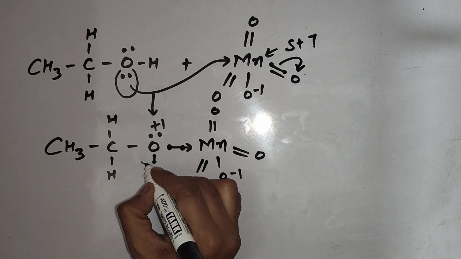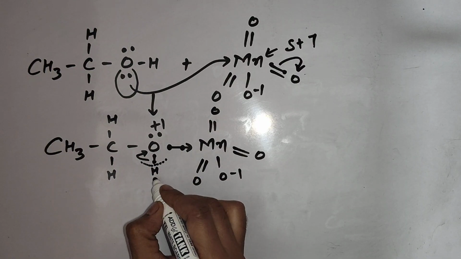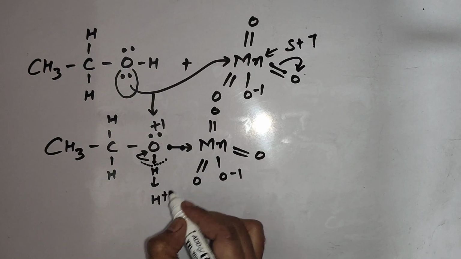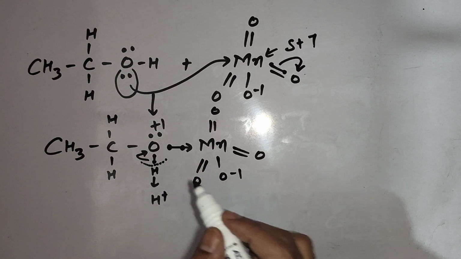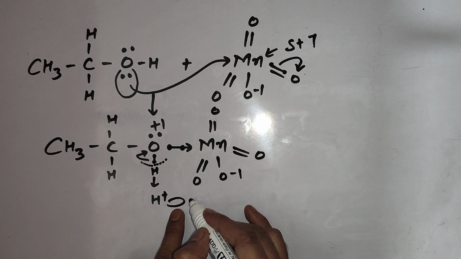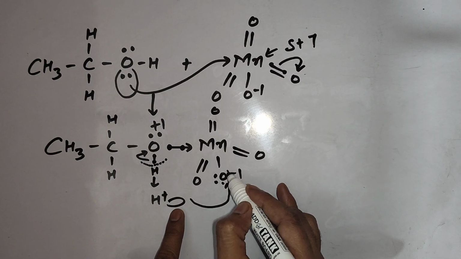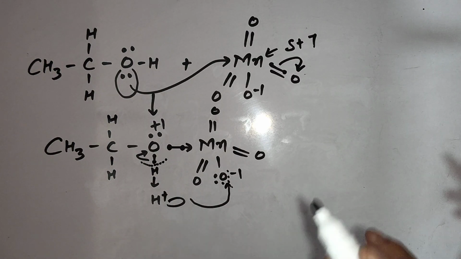So first it will break the bond from hydrogen and get its electrons back, and H positive ion will be released because hydrogen has lost its electron. So it is H positive with a vacant orbital. That H positive particle can attack on O negative, because this O negative is carrying 3 lone pairs.